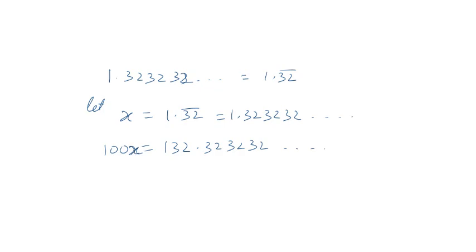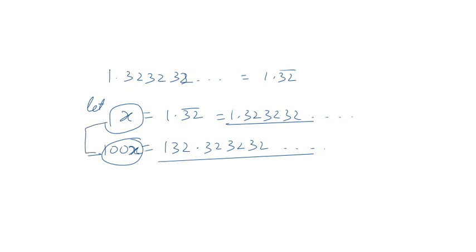Now, as you can see, this number and this number, 100 we have multiplied. The decimal part is exactly the same. So what will we do? Subtract equation 1 from equation 2.